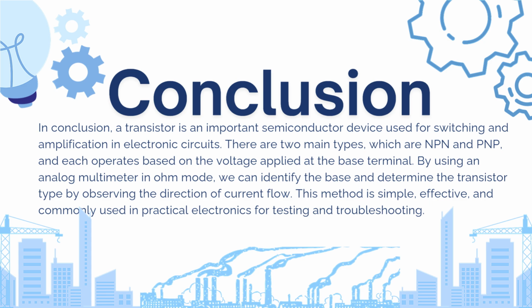By using an analog multimeter in ohm mode, we can identify the base and determine the transistor type by observing the direction of the current flow. This method is simple, effective, and commonly used in electronics for testing and troubleshooting.